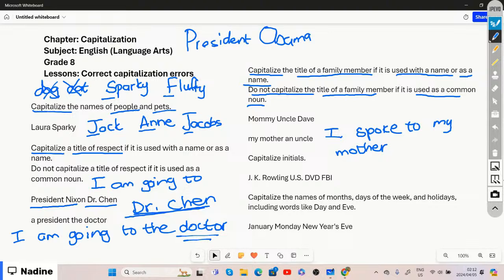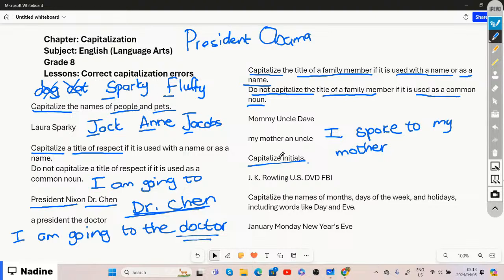All right. Then we also need to capitalize initials. For example, if you are going to write the initials of somebody, or even abbreviate something, then it needs to be capitalized, or at least some of it needs to be capitalized.